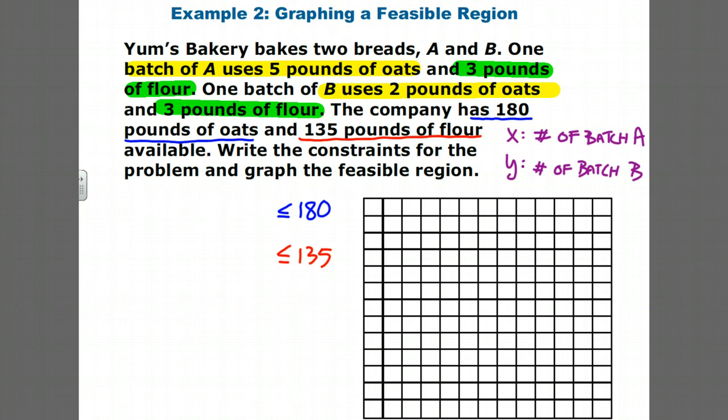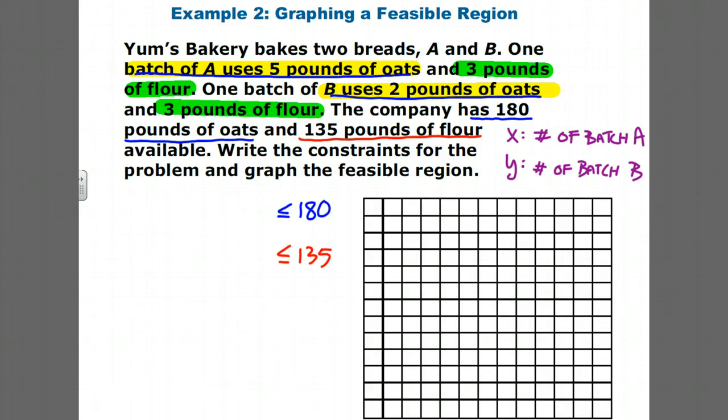So for every batch A, which would be x, if you bake one batch of batch A, that's 1x, you use how many pounds of oats?